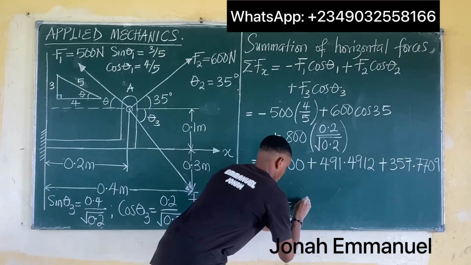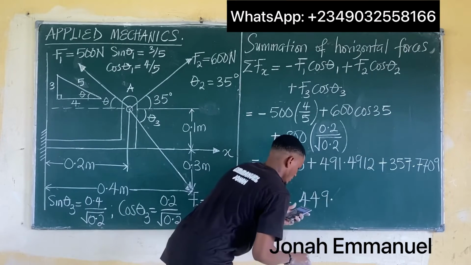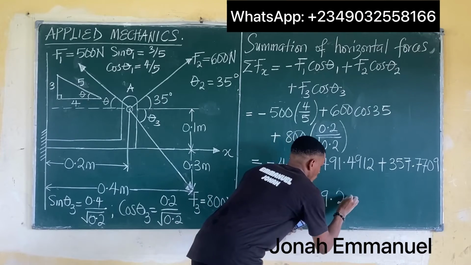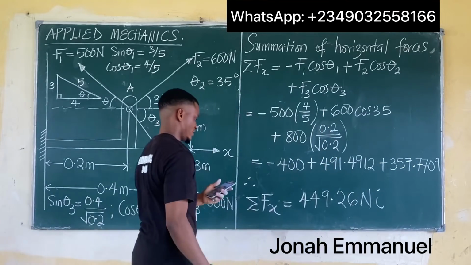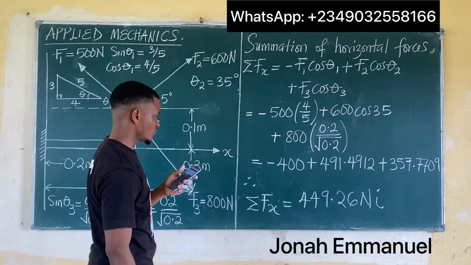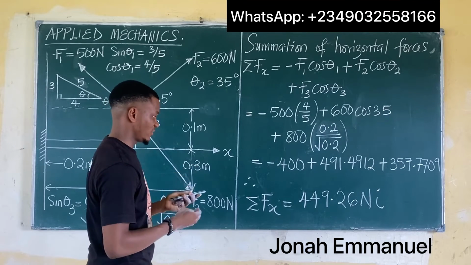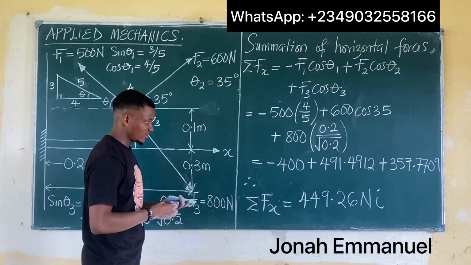This is about 449.26 Newton. Alright, so this is the value of Fx, 449.26 approximately. You actually have 26.21, but approximately in two decimal places is 26 Newton.